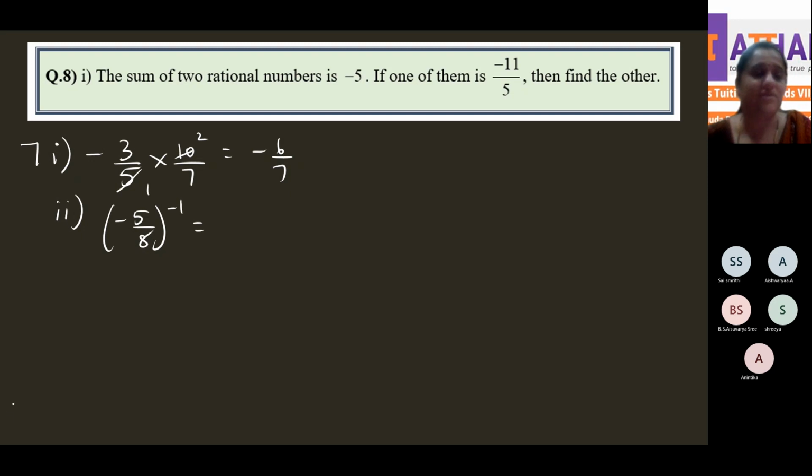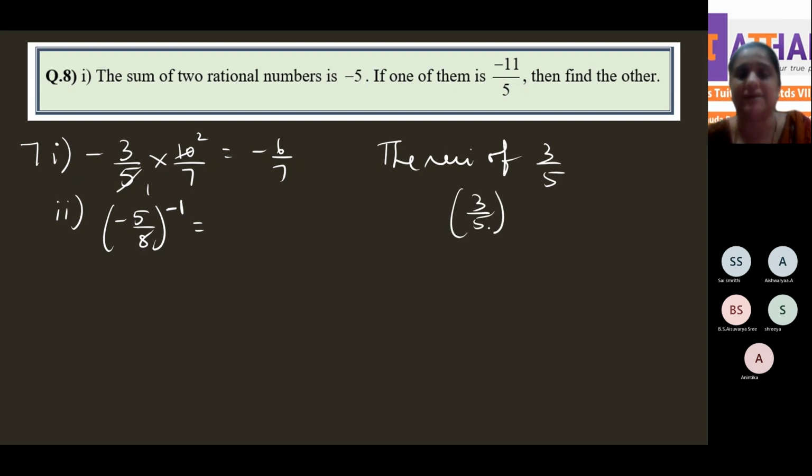All right, children. Now, the power minus 1 means the reciprocal. That's how we write it symbolically. In words, we say the reciprocal of whatever, 3 by 5. But if you want to write that symbolically, we write 3 by 5 to the power minus 1, indicating, write the reciprocal of whatever is in the bracket.